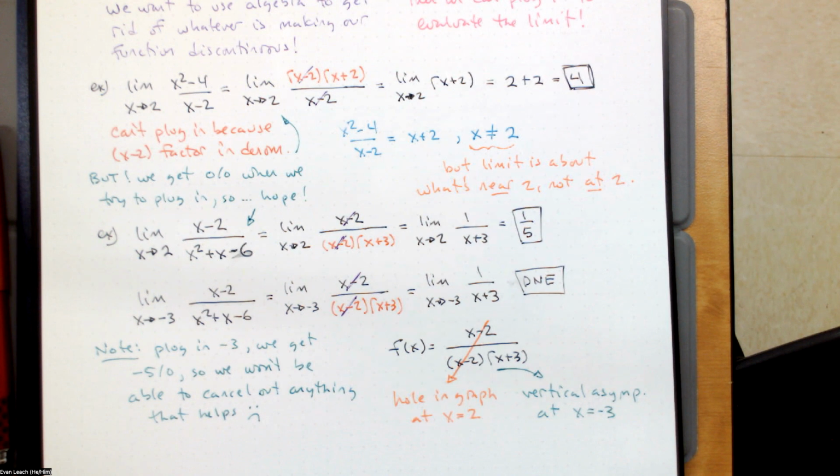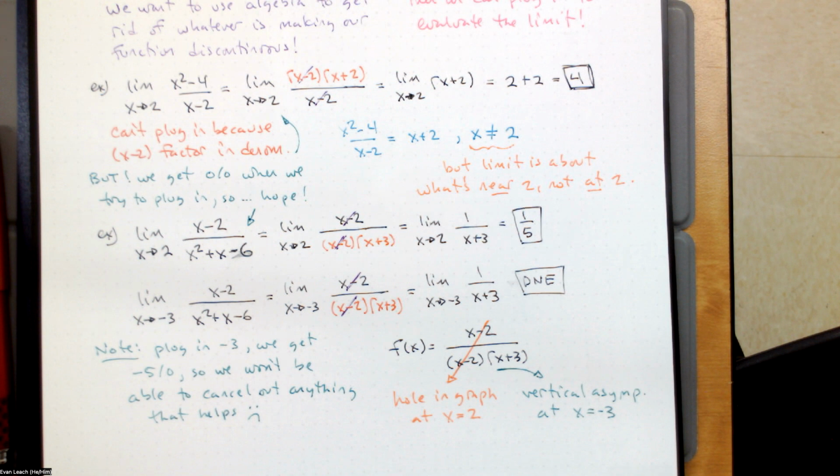How's everybody okay? I bring this up mainly so I can bring up rational functions and our understanding of rational functions. Give a little reminder of how the undefined points in rational functions show up. Also, we want to reinforce the idea that one of the things we want to be able to do is cancel out whatever factor is causing us to not be able to just plug stuff in.